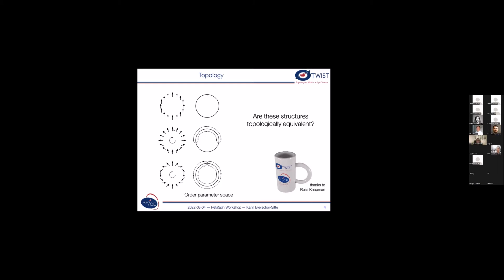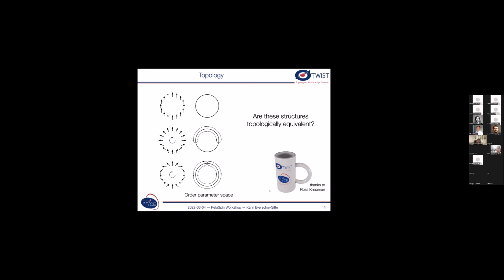For the middle one, you can start from this vector and map it here to the order parameter space. And when you follow it across the ring here, then you're going to find that you first twist towards the right, but then back towards the left and then back again. So finally, you didn't go around this ring. While when you just follow it for the last texture, then you actually go twice around with the angle.